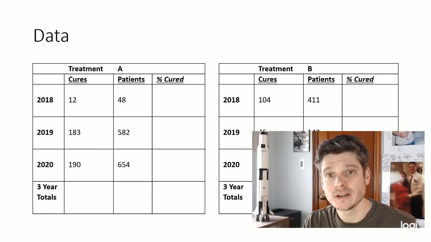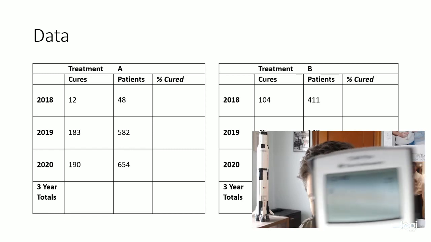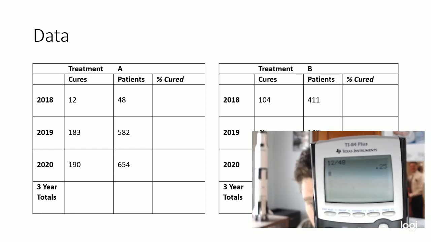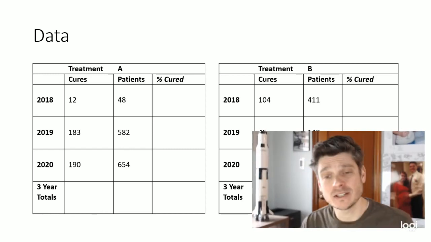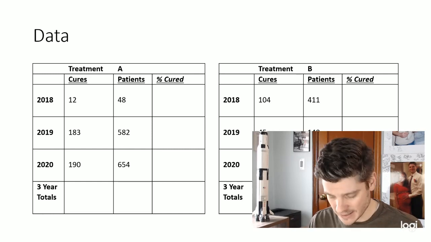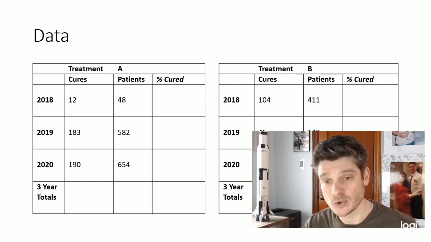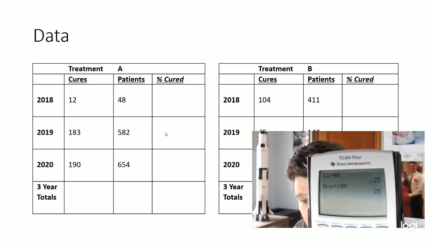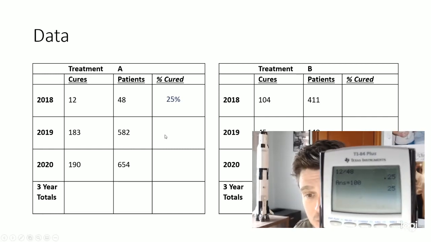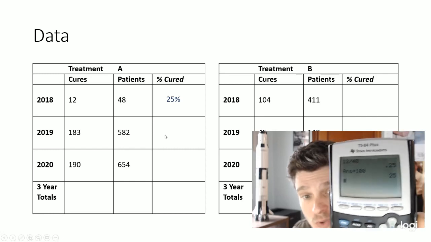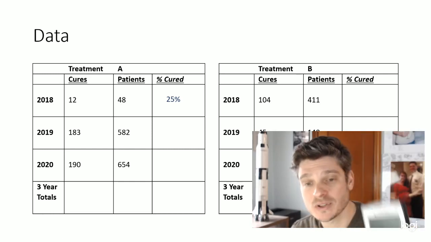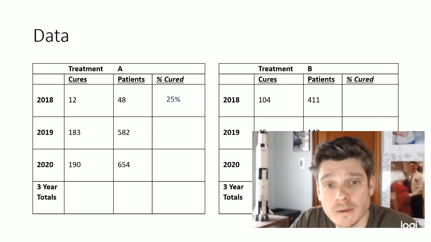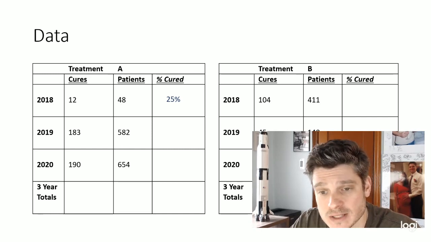Remember, when I do that division problem, that's giving me my proportion. That's not a percentage yet. If I want to turn it into a percent, I have to multiply it by 100, and that gives me a percentage of 25%. 25% of people were cured using treatment A in the year 2018.